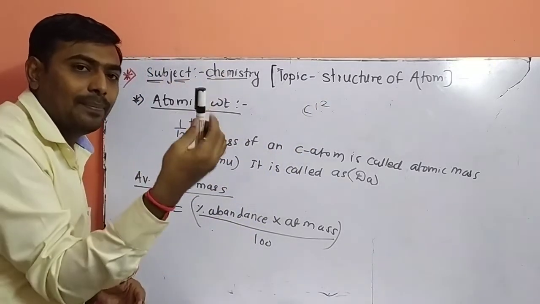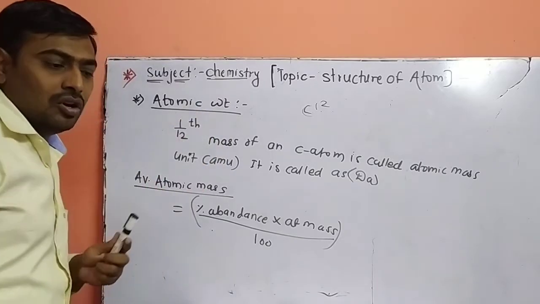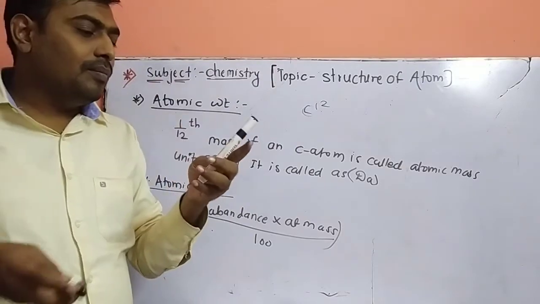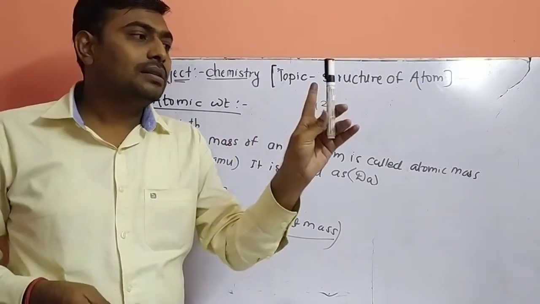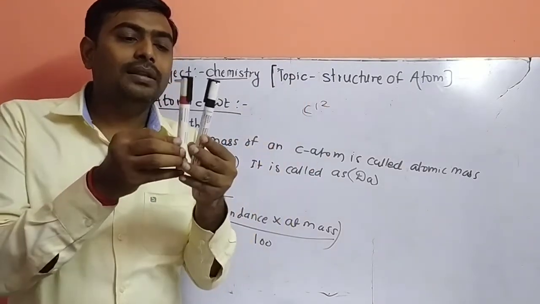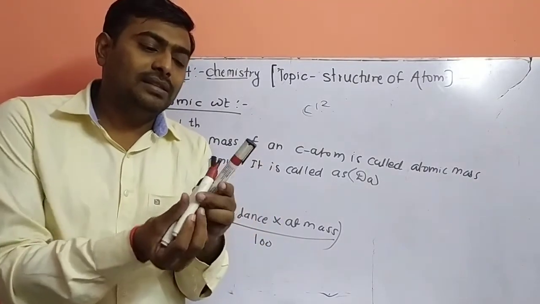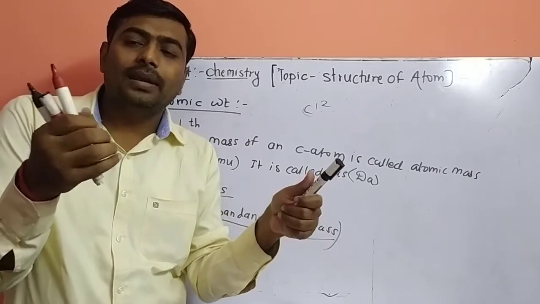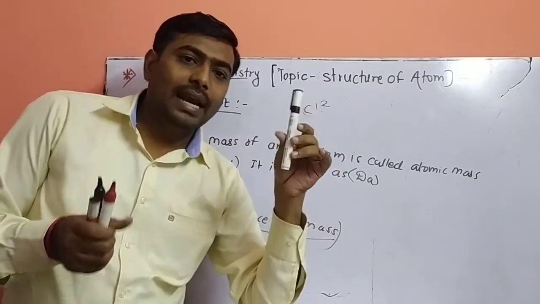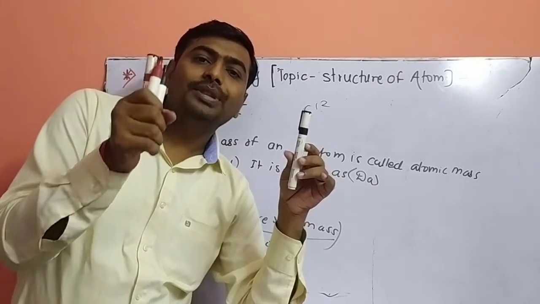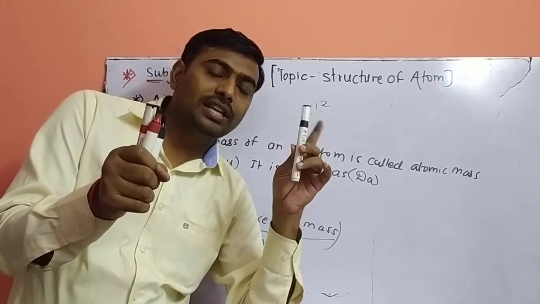If this pen is your standard unit, then if we are counting these 3 pens, the mass of this species is 3 times the initial one.